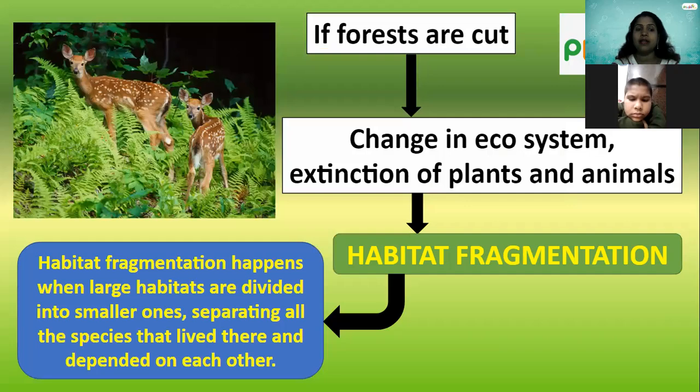Habitat fragmentation happens when large habitats are divided into smaller ones because of deforestation. And all the species that lived there and depended on each other are separated. Some are shifting from one place to another. And those animals that depend on them will be hampered. What will they eat?